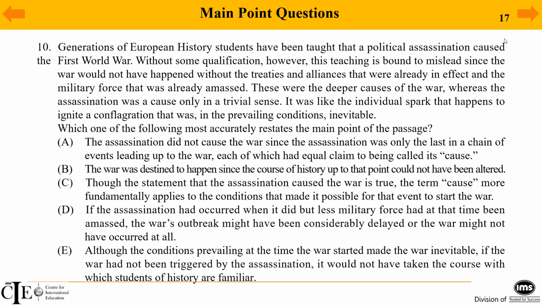It misleads the people to downplay the role of already existing factors. So that's what this argument is saying. So we need to restate the main point without losing any of this main point. Okay. Now tell me which one accurately restates the main point of the passage.